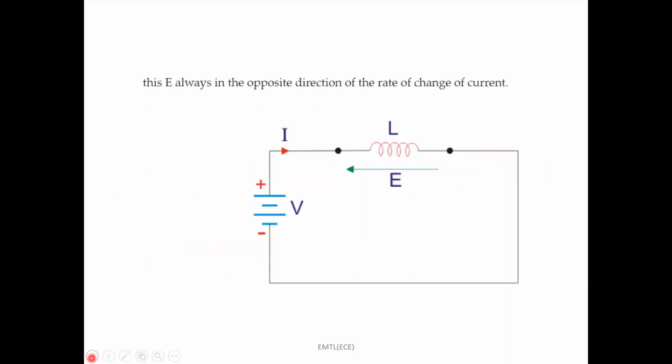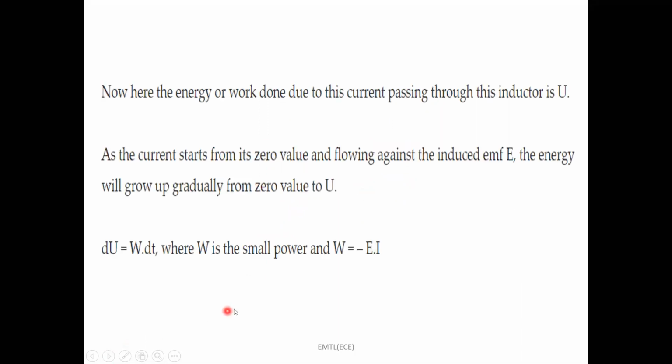Whenever we apply some voltage here, the current I passes through this inductor. Immediately an induced EMF is developed in this inductor. This induced EMF opposes the current direction. That means the inductor does some work.